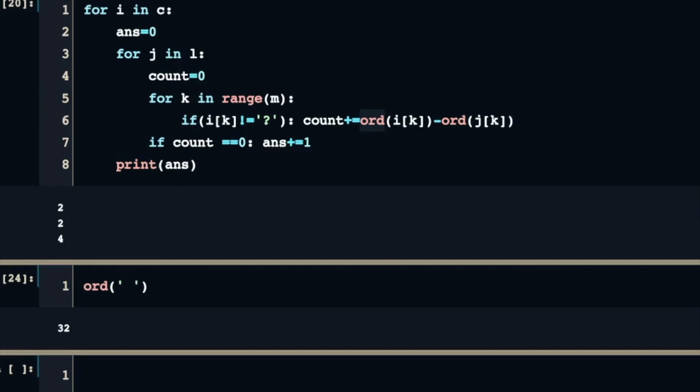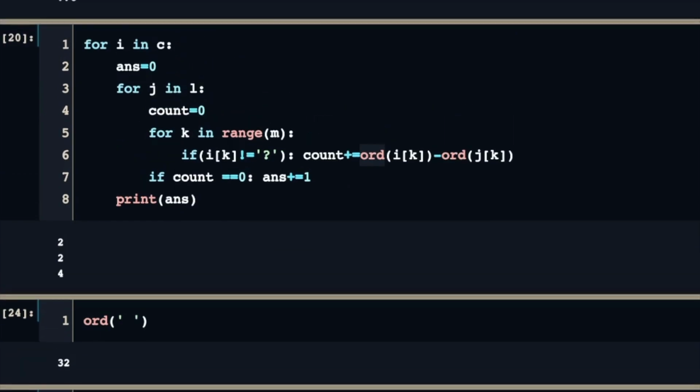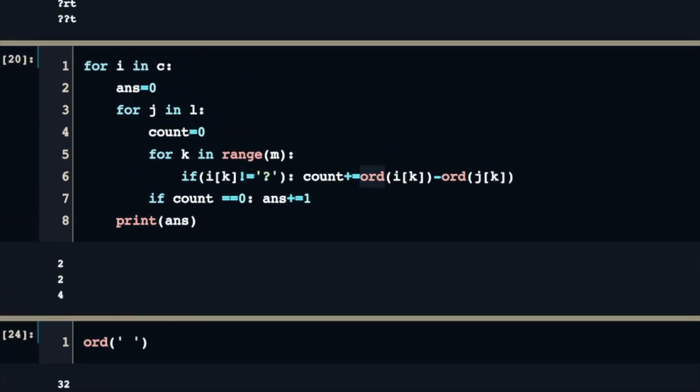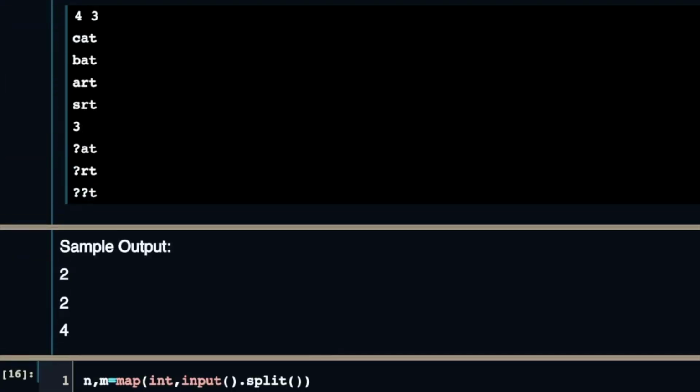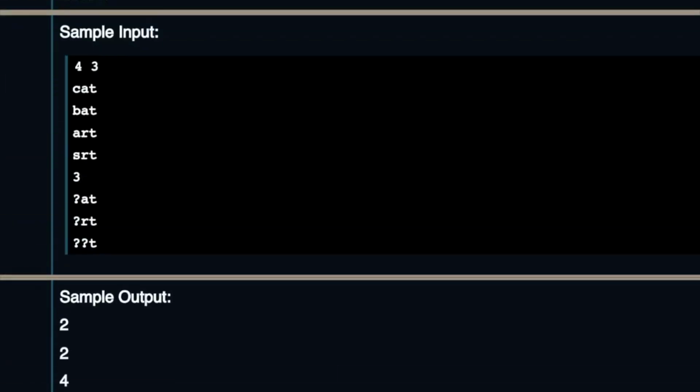So here's how we do this in the above program. In the words, we skim through the words given here. And if the letter is not a question mark, we go to the next word, next letter, A. And we just check the difference between the ASCII values of all the letters in the second position.